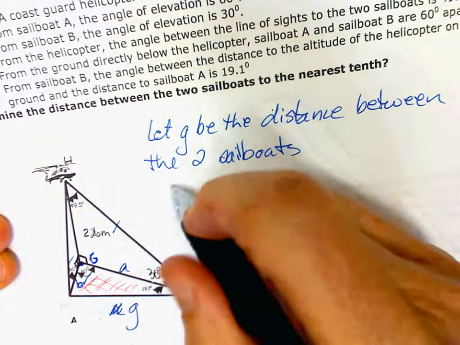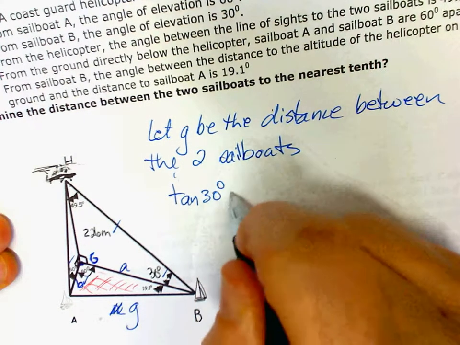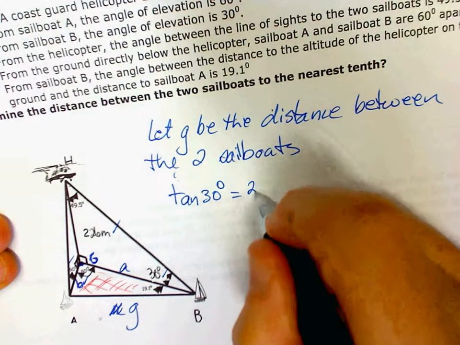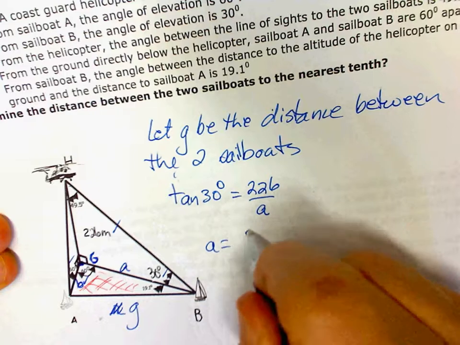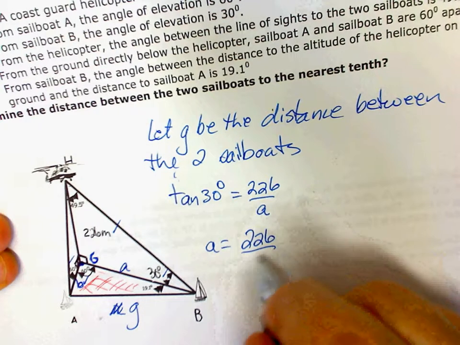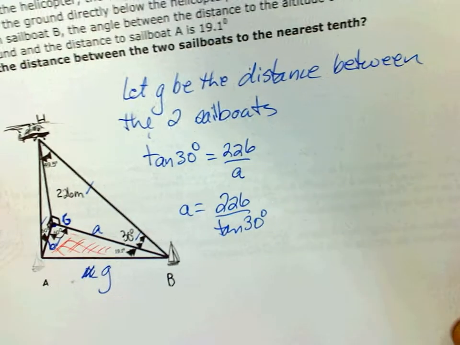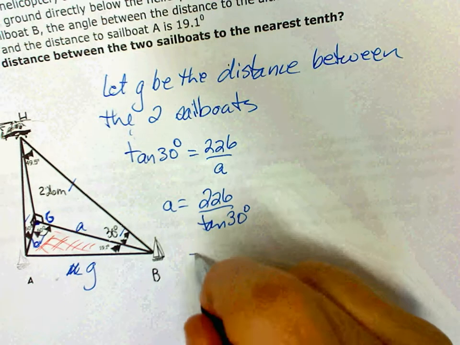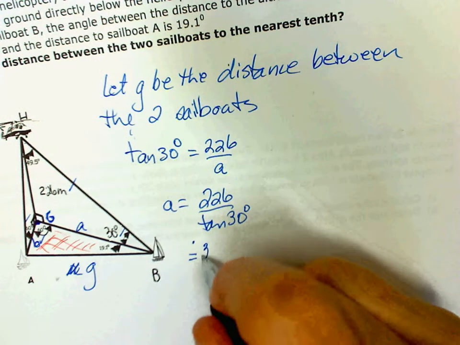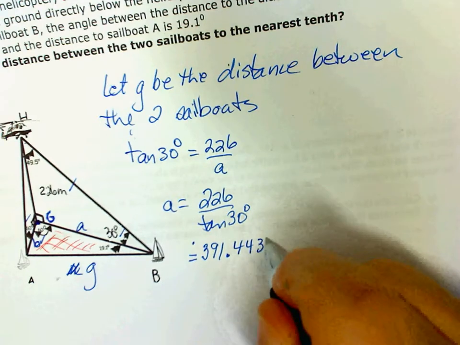So tan 30 degrees is equal to 226 over A. So A equals 226 over tan 30 degrees. And I calculated it for you. 391.4434 approximately.